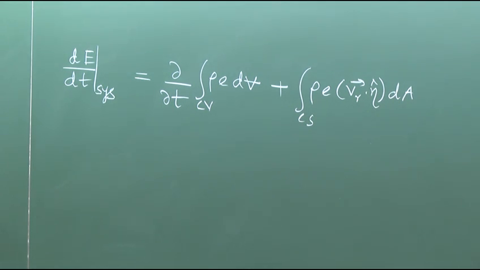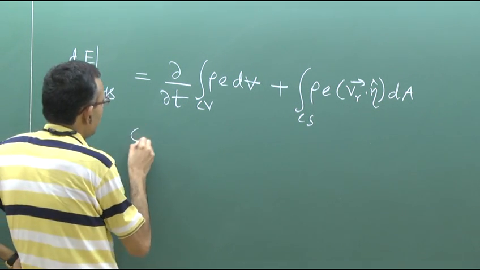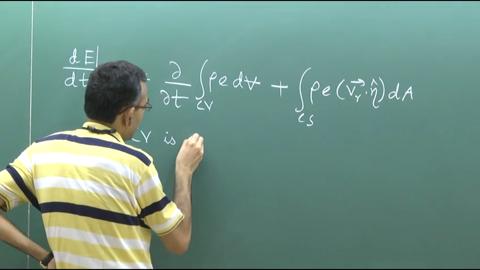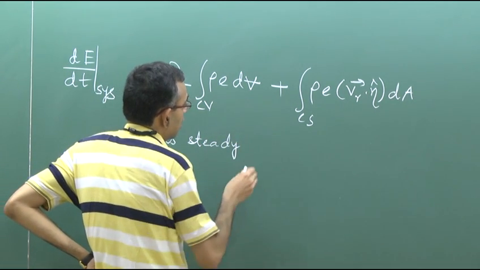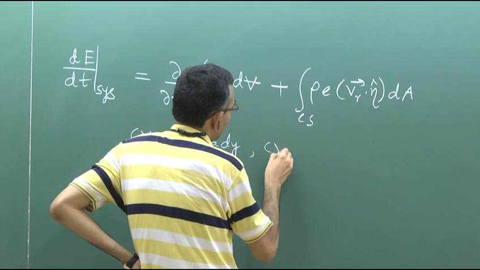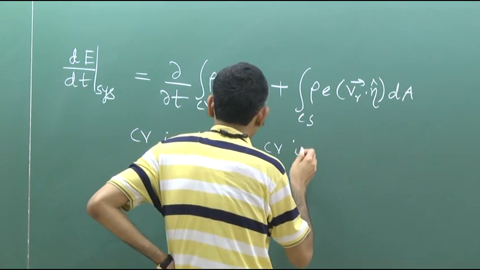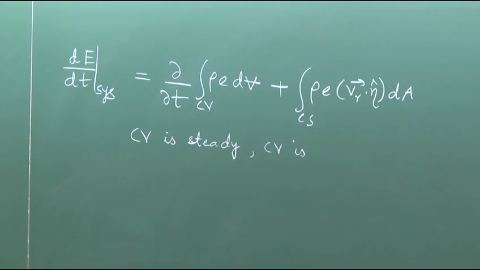we will further assume that the control volume is steady and control volume is stationary, not steady.